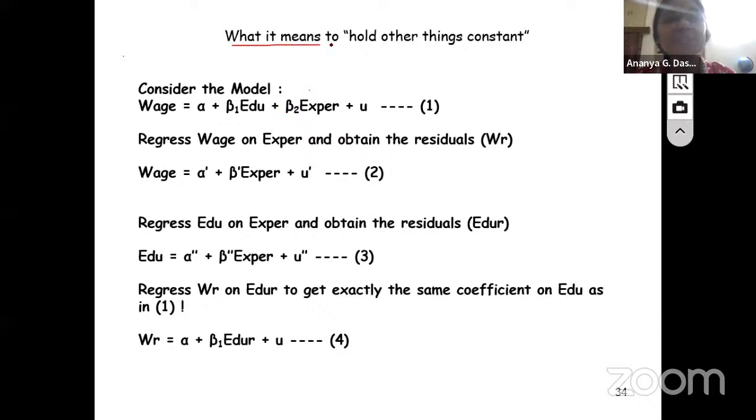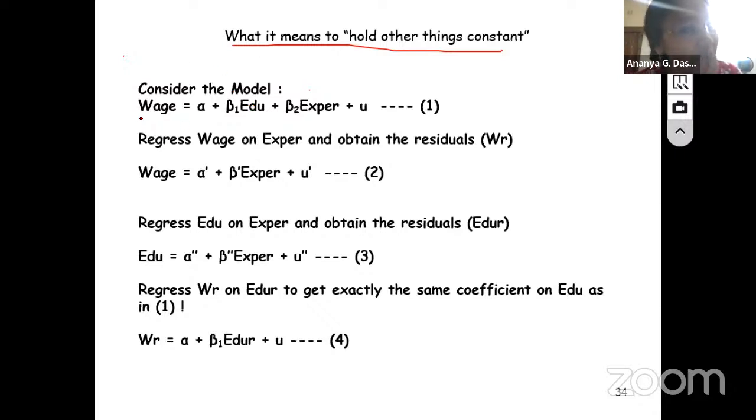What it means can be understood if you do the following experiment, and I'll do it for you.